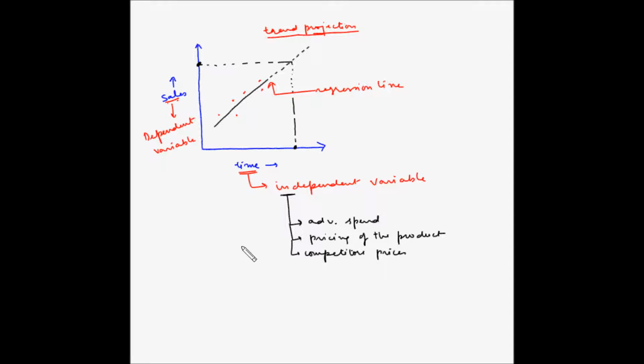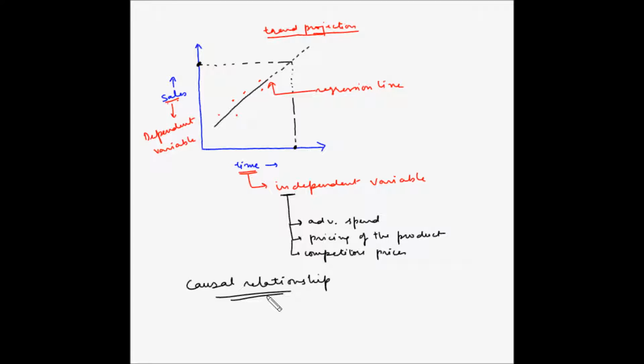Now this relationship in the variables is known as the causal relationship, where the occurrence of one event causes or influences the occurrence of the other event.